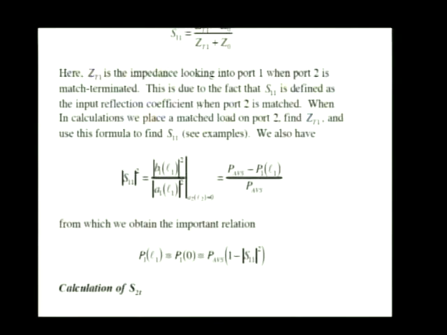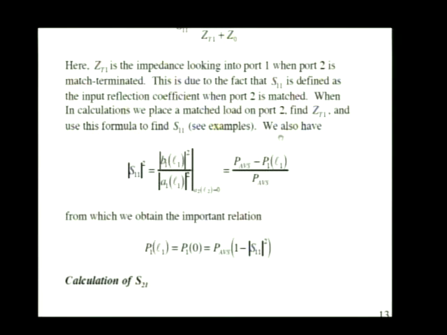It can also be shown, and I'll ask you to take a look at the textbook for the demonstration of this fact, that the magnitude of S11 squared can also be found in terms of power quantities. The power available from the source minus the total power at port 1 divided by the power available from the source.